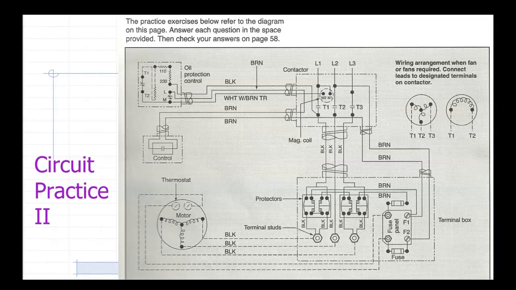A white wire with a brown tracer connects the terminal M2 on the magnetic coil in the contactor. Where is the other end of this wire connected?